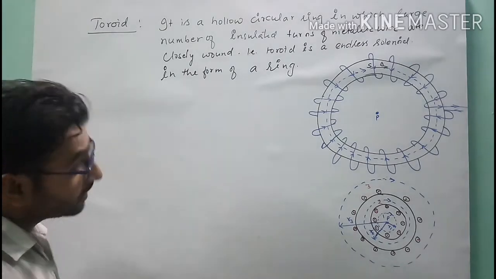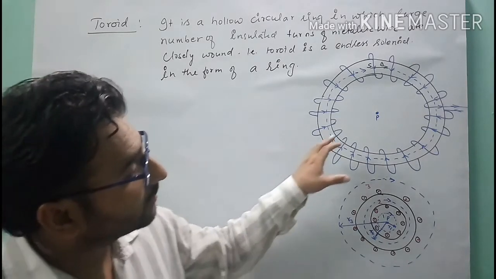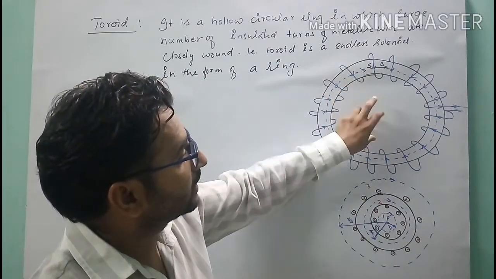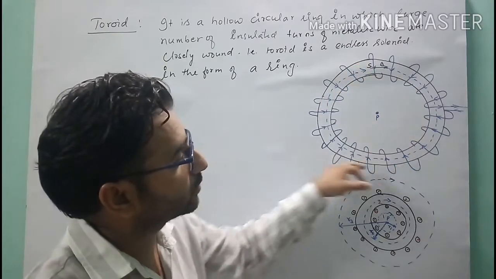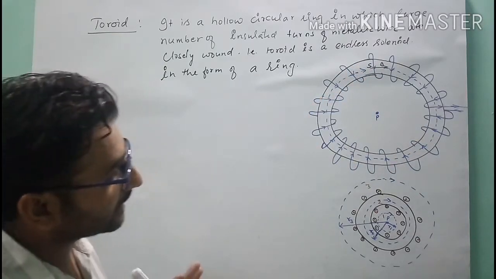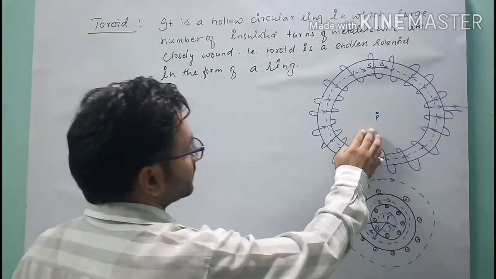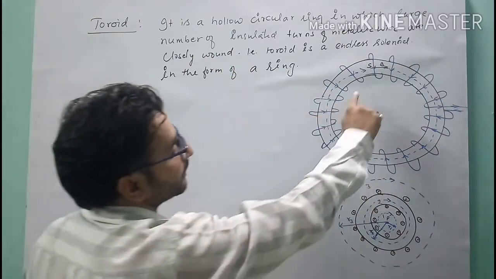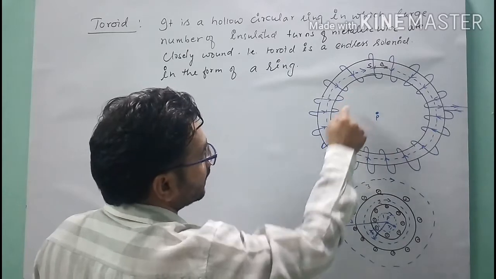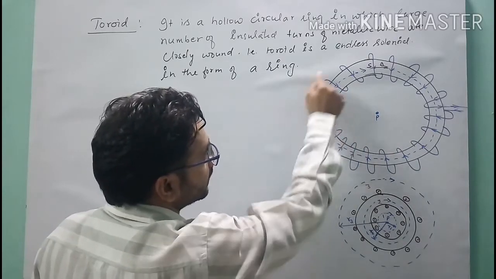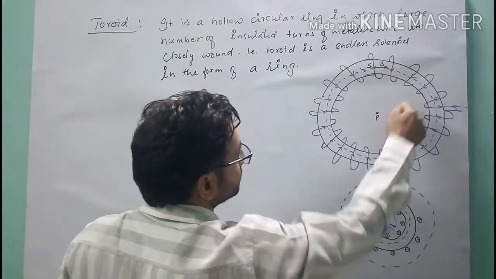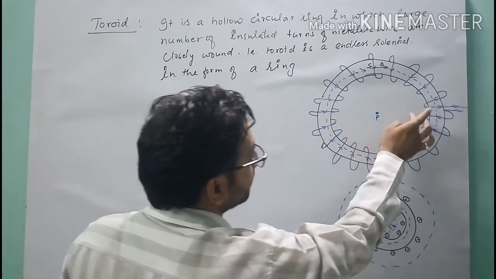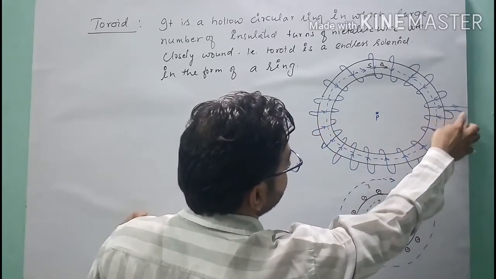So here, student, we will find the magnetic field due to this toroid. In the first diagram you can see, as I have written here, it is a hollow circular ring in which an insulated metallic wire is closely wound over it, and in this wire we have two terminals.